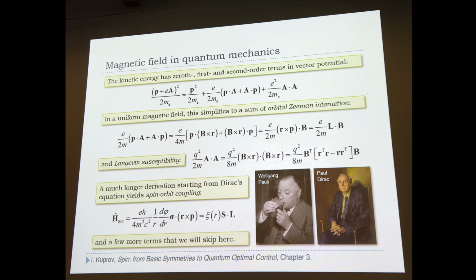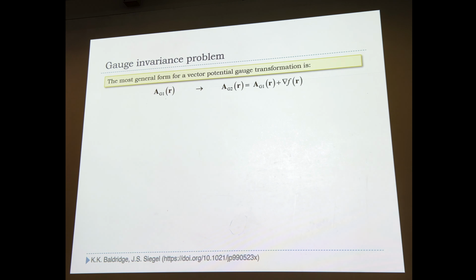And in this case, that's the spin-orbit coupling. We will realize that we will get something where the spin is dotted with the orbital angular momentum, and a few more terms, mass energy and others, that I will not mention here because we really don't have the time for relativistic quantum mechanics in this course. And these two gentlemen are collectively responsible for a lot of that stuff.